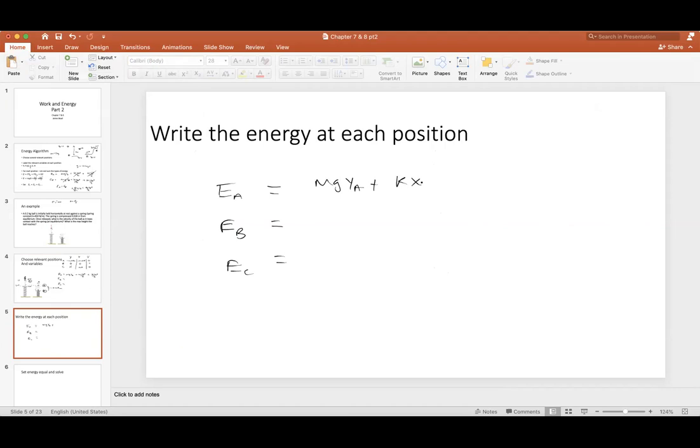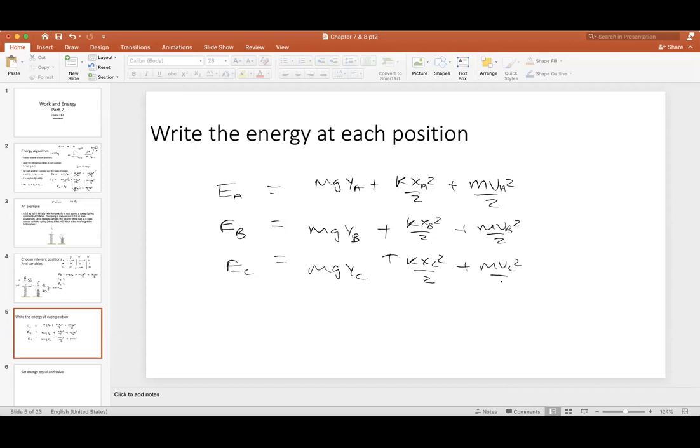This is KXA squared over 2. This is MVA squared over 2. MGYB, MGYC, plus KXB squared over 2, KXC squared over 2, MVB squared over 2, MVC squared over 2.